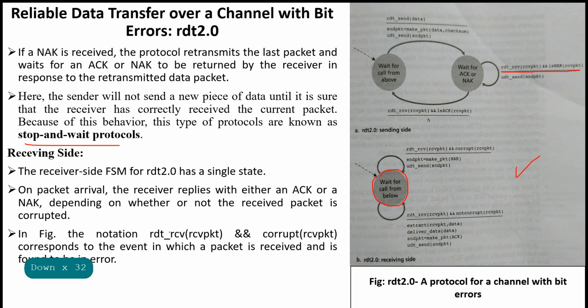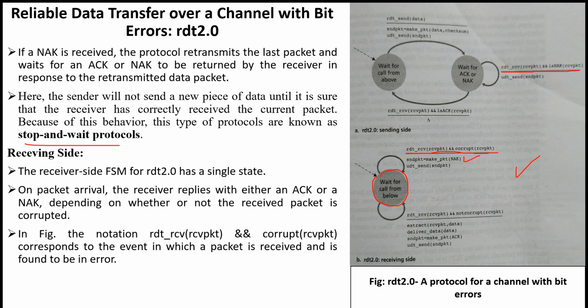In the figure, the notation RDT receive packet and corrupt receive packet corresponds to the event in which a packet is received and is found to be in error. That is this event, RDT receive packet and corrupt packet. Then it sends the negative acknowledgement to the sender.